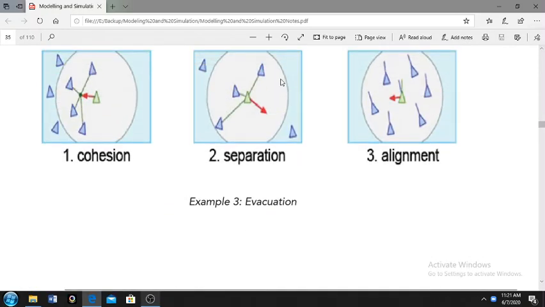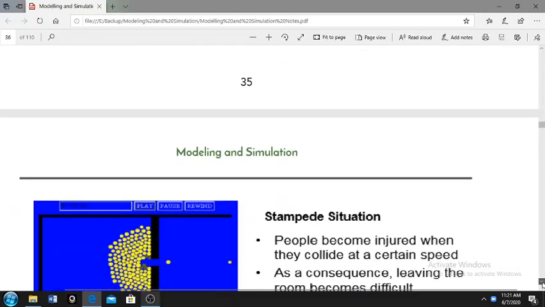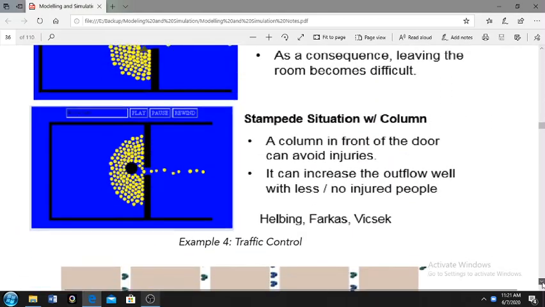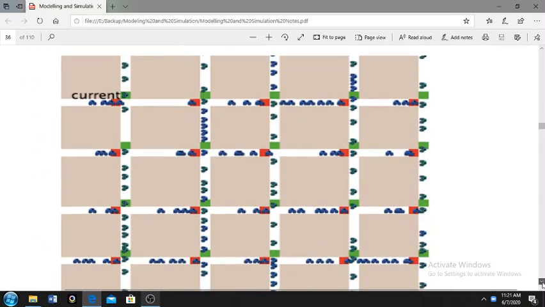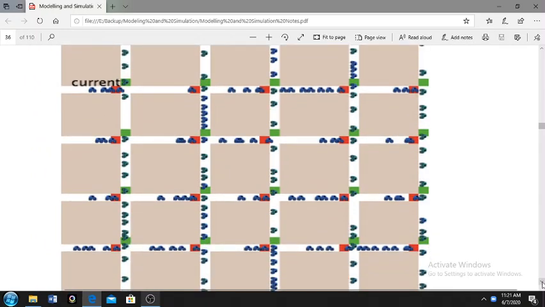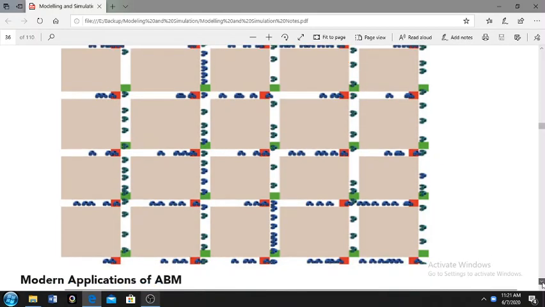Sometimes there's cohesion, sometimes there's separation, sometimes there's alignment. So in a traffic control, we have all these movements: cohesion, separation, and so on, alignment.